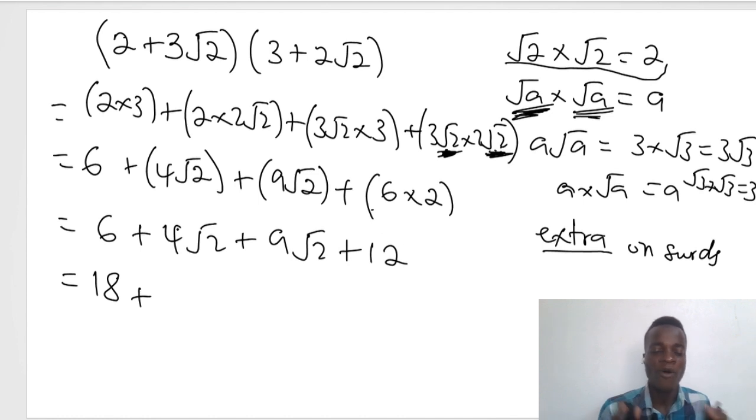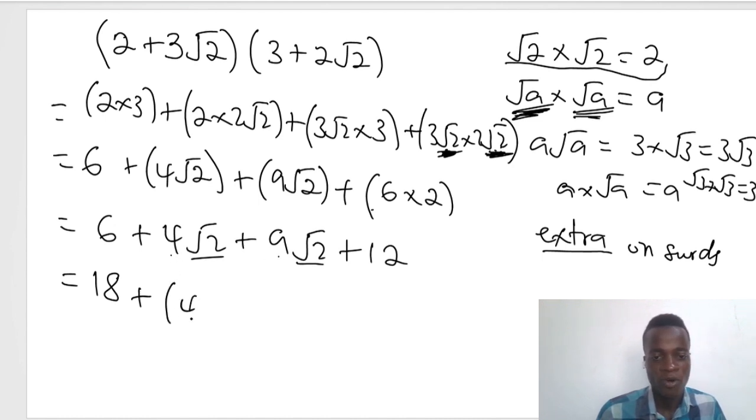Remember, for addition, the numbers under the square root don't interact. It's only those outside, and for those outside to interact, the roots must be the same. But here this one and this one have the same root, so we can add. So the outside are qualified to be added.